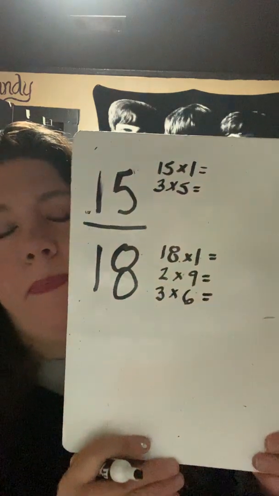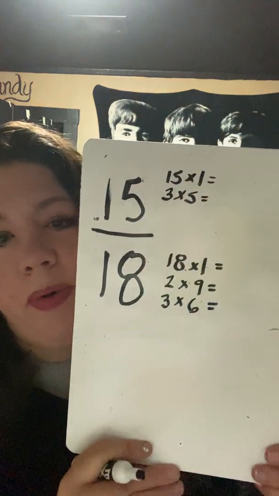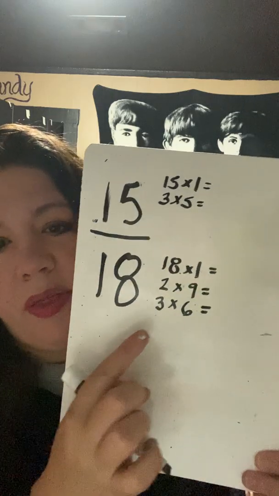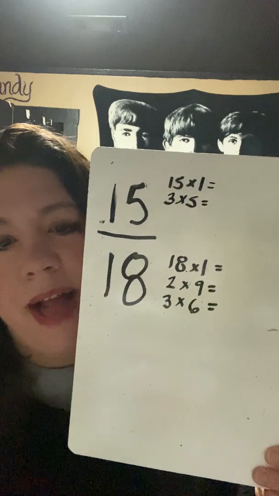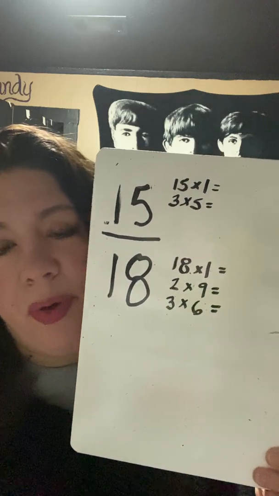So what's the biggest number that will go into both of them? I see a 3 down here and a 3 up there, and that's the biggest number that will go into both of them evenly. So let's divide both the top and the bottom of that fraction by 3.